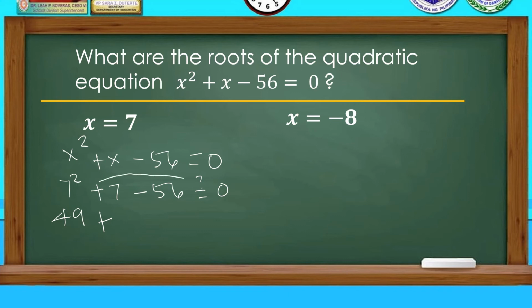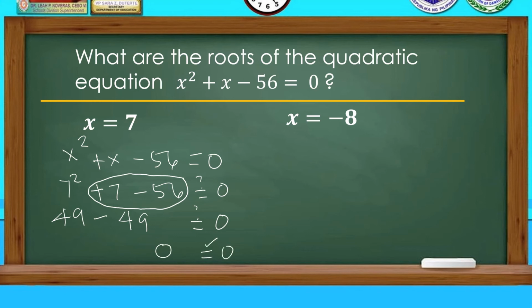Since these two numbers are unlike signs, we copy the sign of the bigger number, negative, then subtract: 56 minus 7 is 49. So 49 minus 49 is 0, which equals 0.